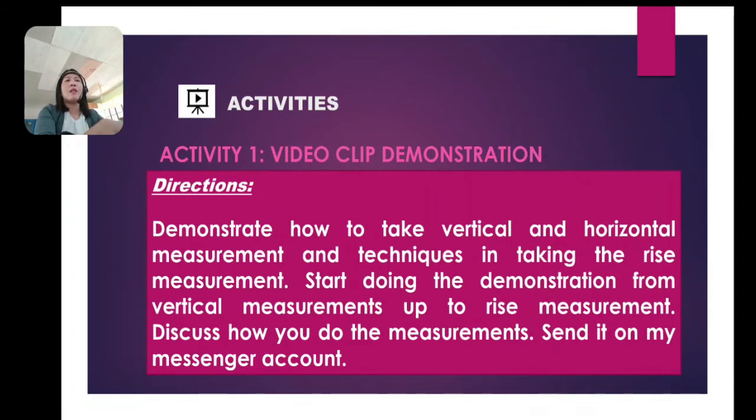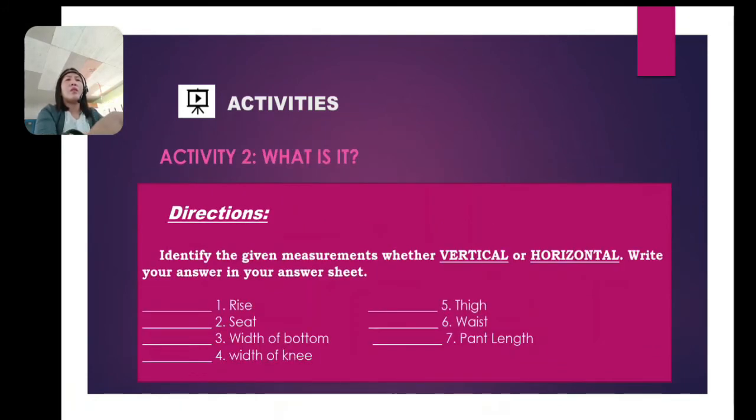And then, as I've said, you're going to send it on my messenger account after you have your video clip demonstration. And for the second activity, you are going to identify the given measurements, whether vertical or horizontal.